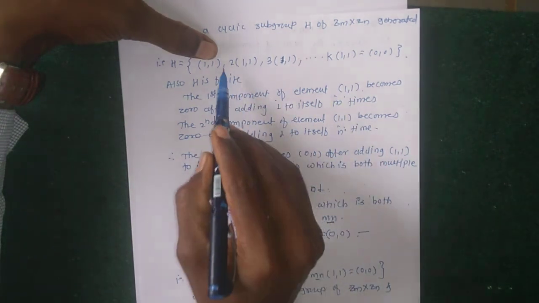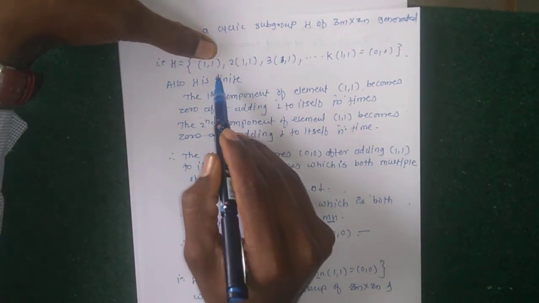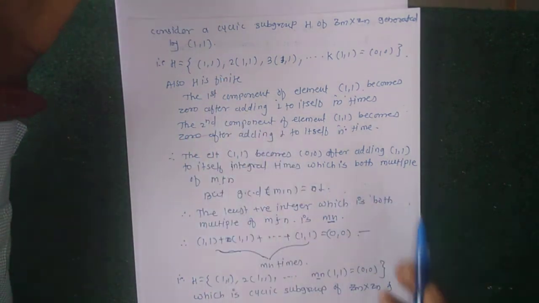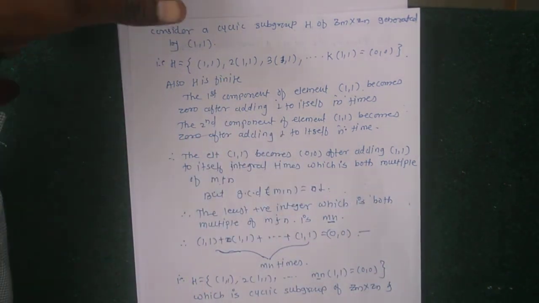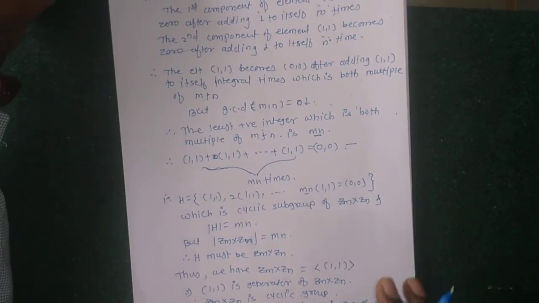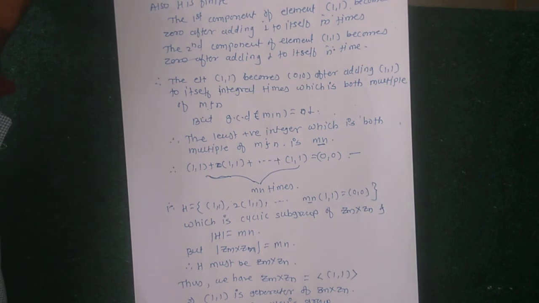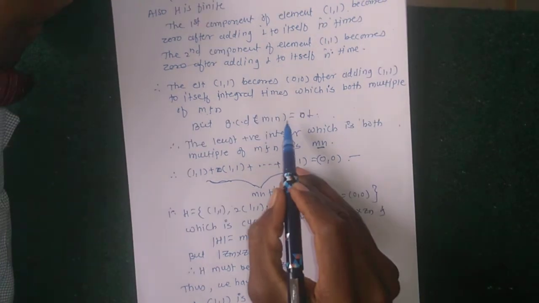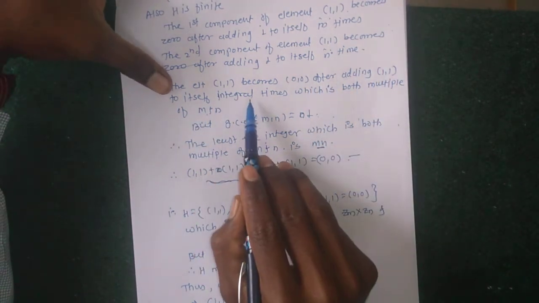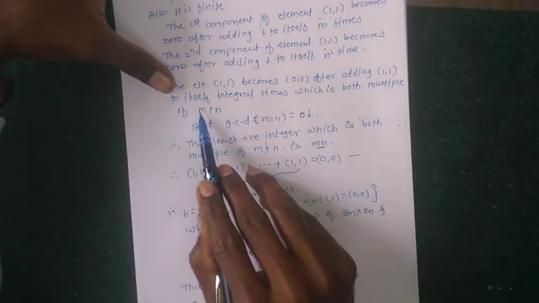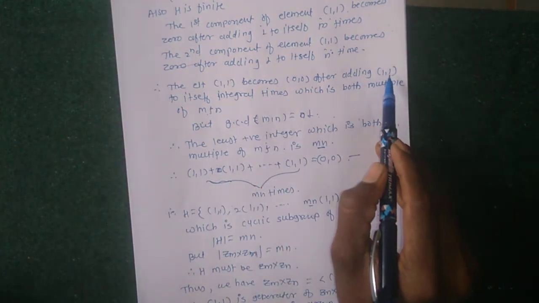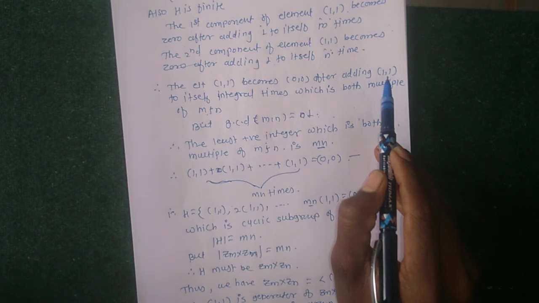So n into the ordered pair (1,1) becomes (0,0) in Zm cross Zn only when we add up a multiple of both m and n.